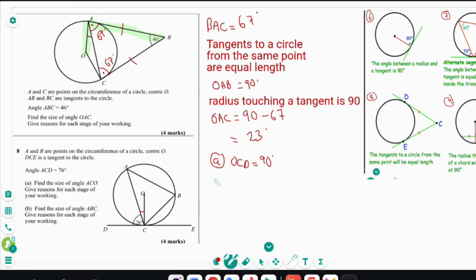Because it's an angle between a radius and a tangent is 90. So to get that angle there, we know the whole thing's 90. 90 minus 76 gives us our missing angle, which is 14 degrees. So ACO, 14 degrees.